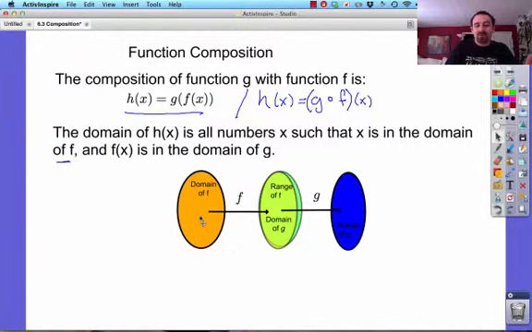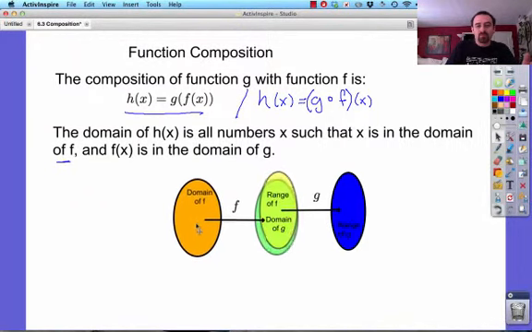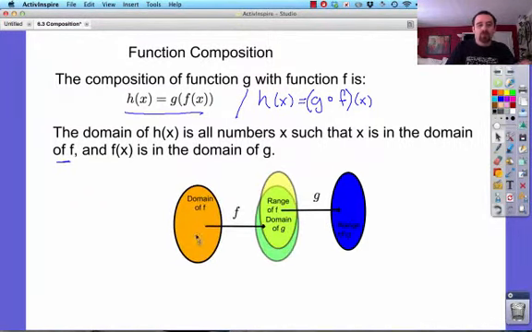But sometimes they're not the same. Let's look at that. Sometimes they're a little bit different. Sometimes one is smaller than the other, or they don't overlap quite the right way. So suppose x was here, and suppose f of x went into the range of f, but it's a number that's in the range of f, but not in the domain of g.